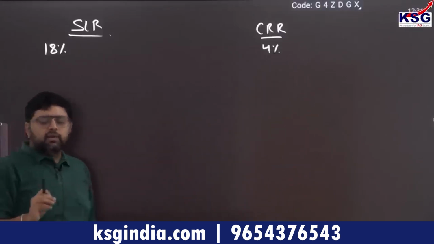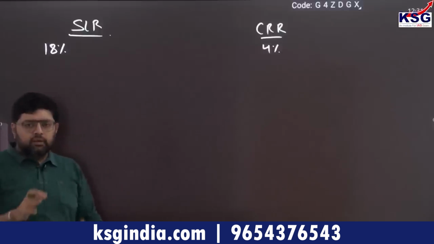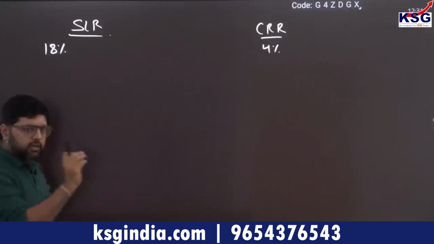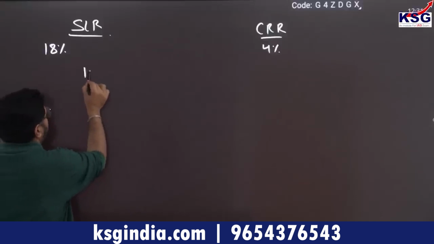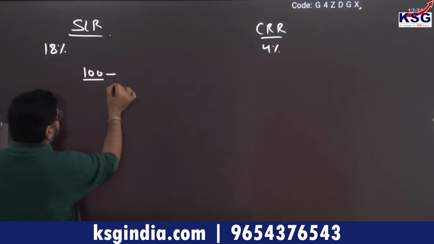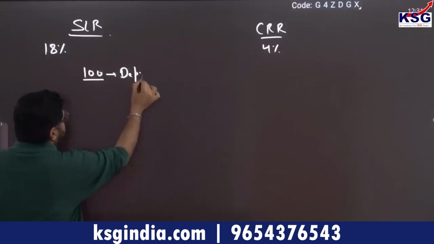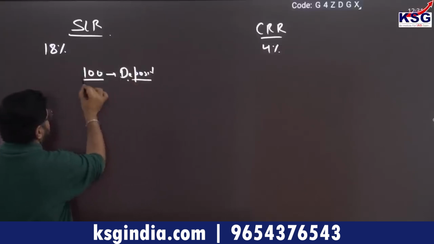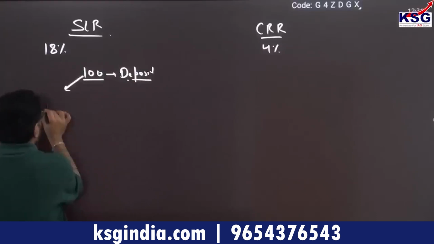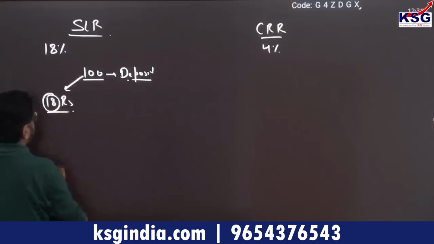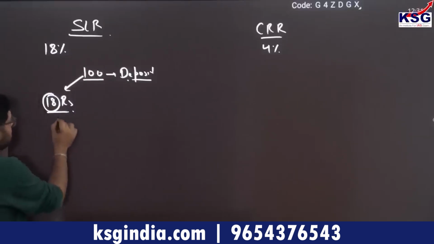It means that whatever deposits the bank has, they have to keep aside some money from that. For example, if the bank has 100 rupees as deposit, then out of that 18 rupees they have to keep aside as SLR.